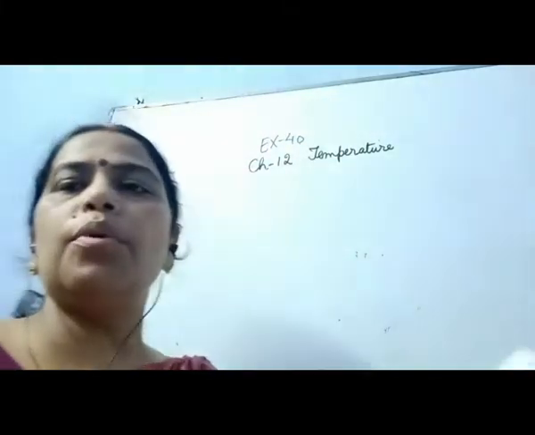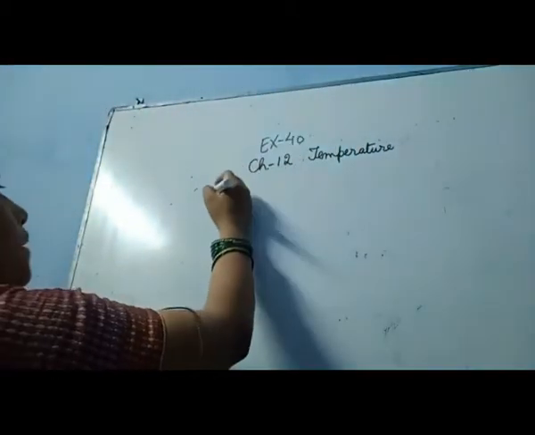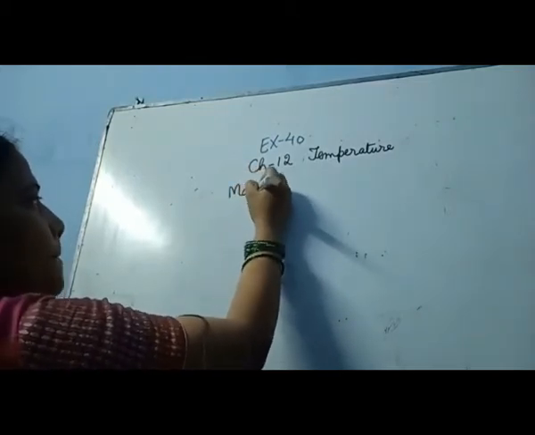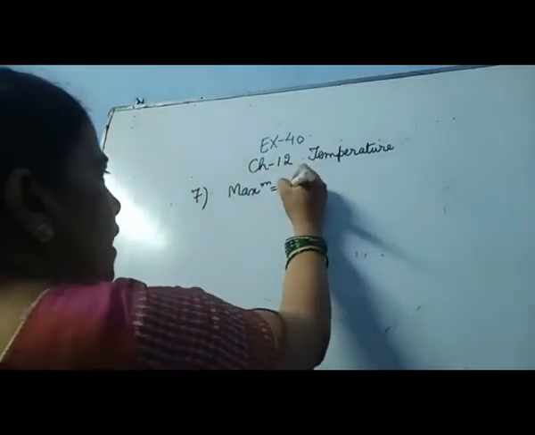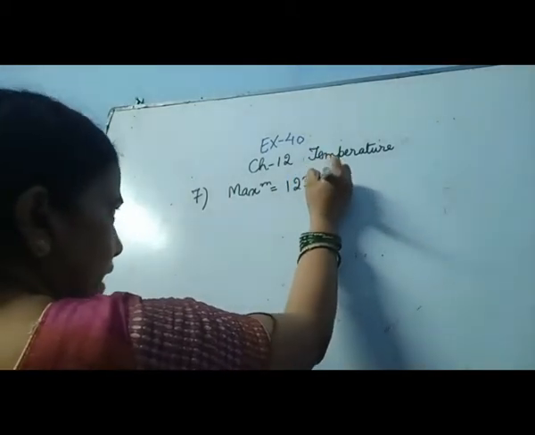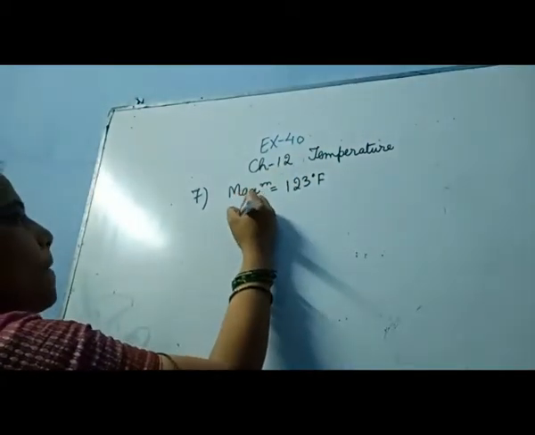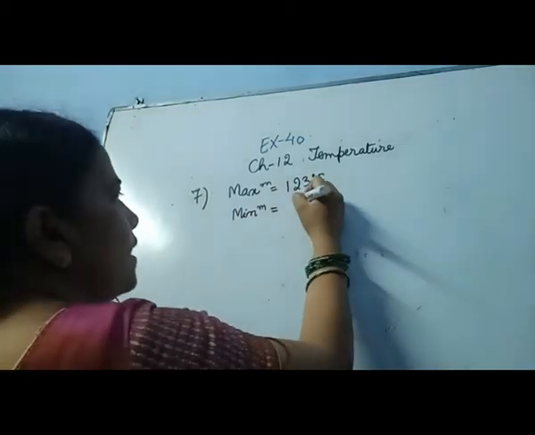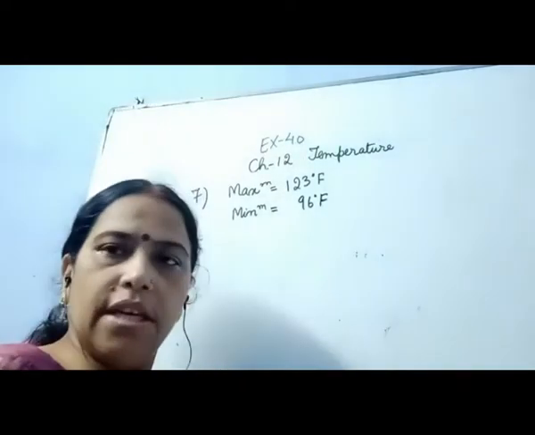I am showing you the process of how to do it. So for question number 7, the maximum temperature is 123 degrees Fahrenheit, and the minimum temperature we have is 96 degrees Fahrenheit.